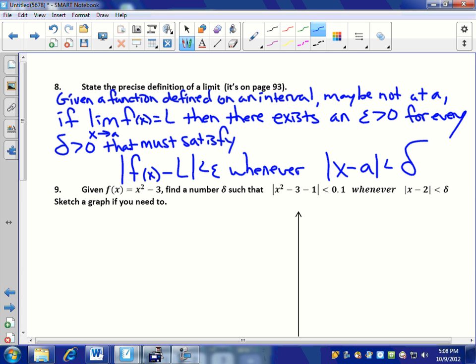That's your precise definition, one form of it. That's kind of how we did it in the song. So you should be really good at that.